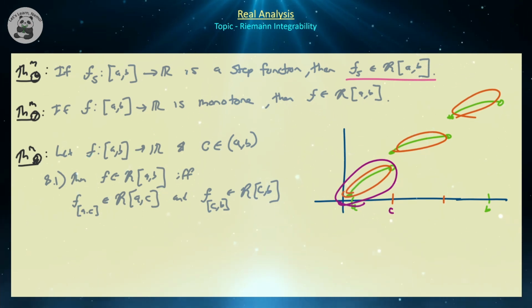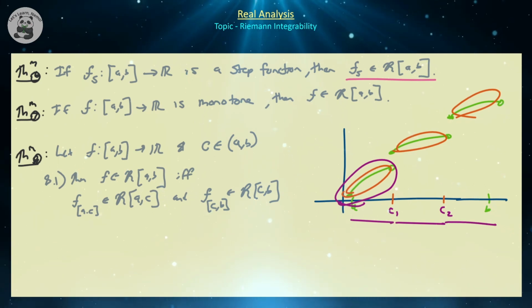So this can be, for example, your c1 and your c2. So if it is Riemann integrable on AB, then it must be integrable on AC1, C1C2, and C2B, right? So if it's not Riemann integrable on one of those intervals, then it's not Riemann integrable on the entire interval, right? Because we're working with an if and only if statement.